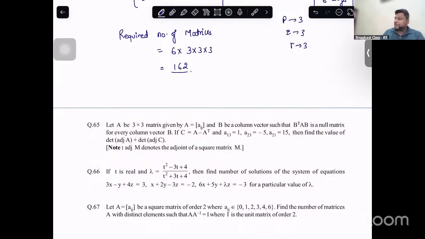Find the value of determinant of adjoint A plus determinant of adjoint C. Yes, do it. Quickly try.